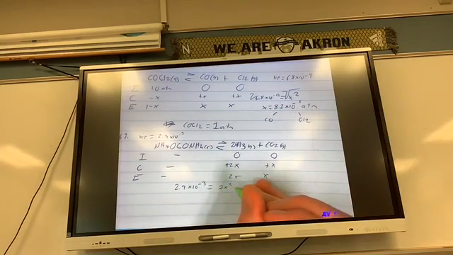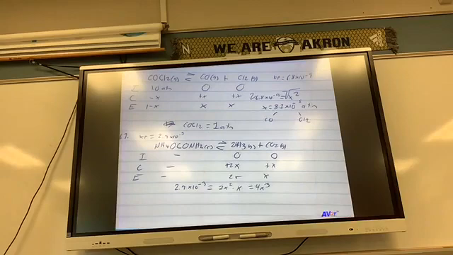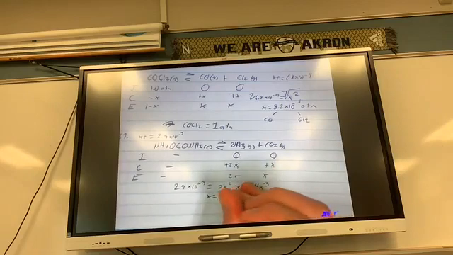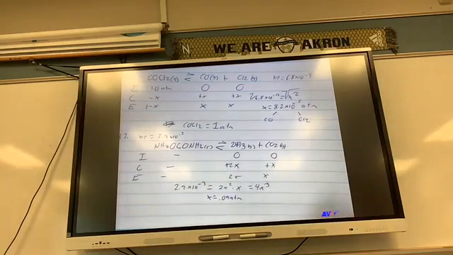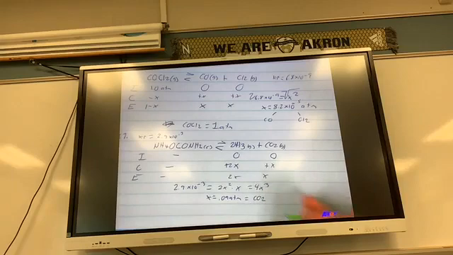2x squared times x, which is equal to 4x cubed. So divide by 4, take the cube root, x ends up being 0.09 atm, which is equal to the pressure of CO2. But 67 asks for the total pressure.